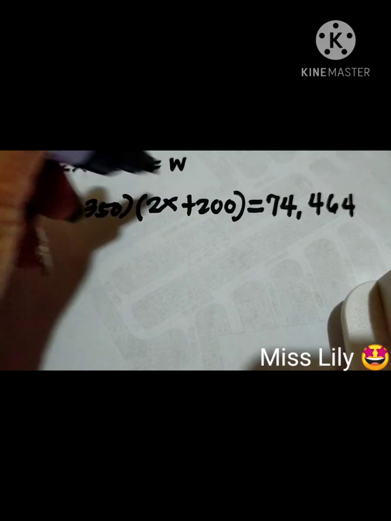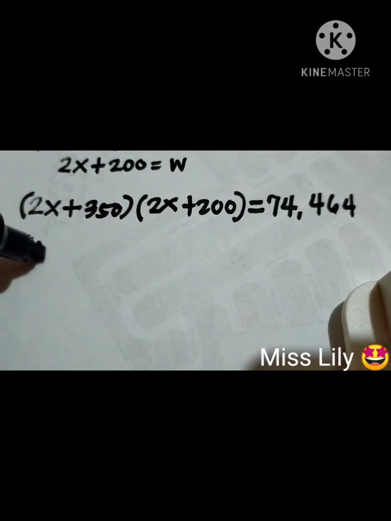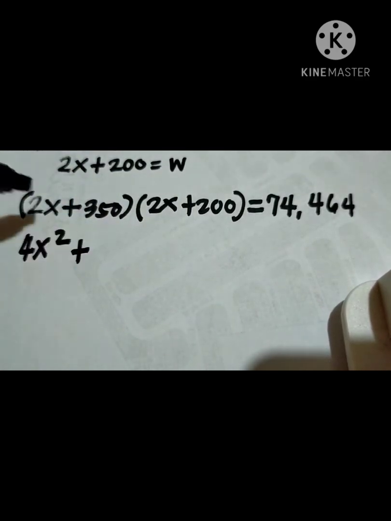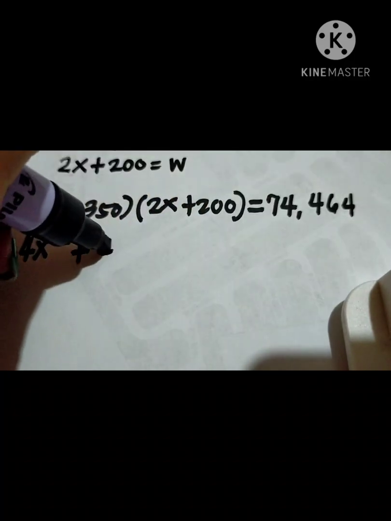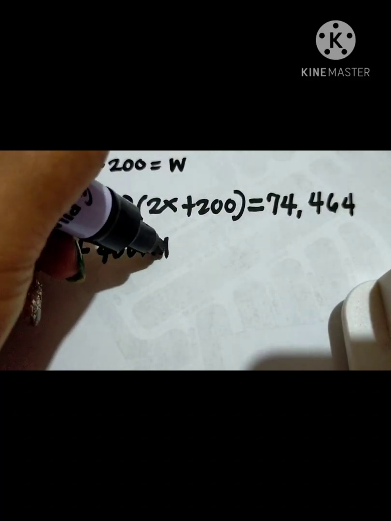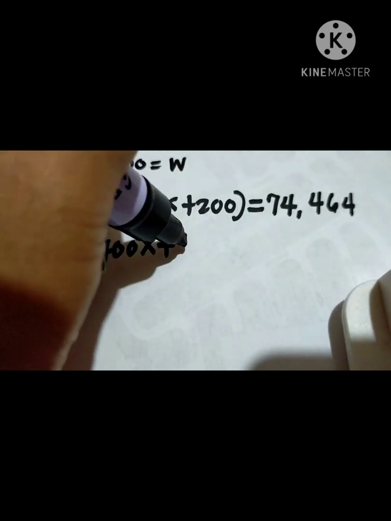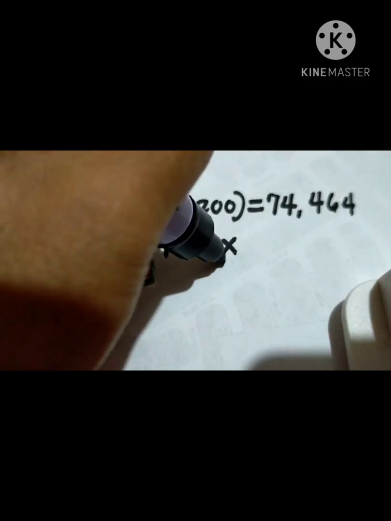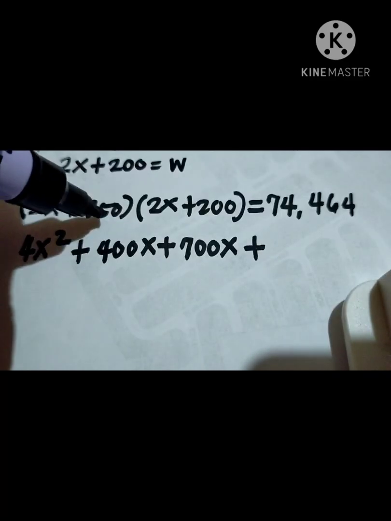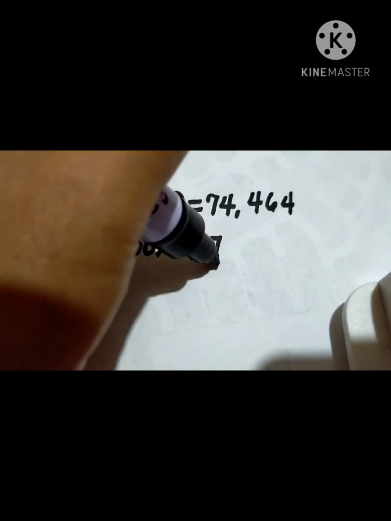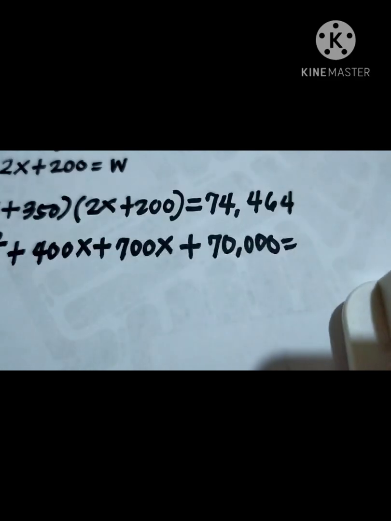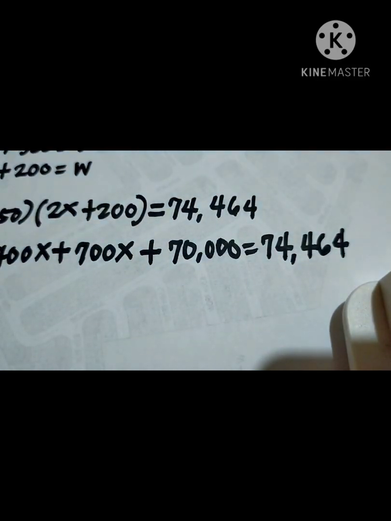Simplifying, we have 4x squared plus 400x plus 700x plus 70,000 equals 74,464 square meters.